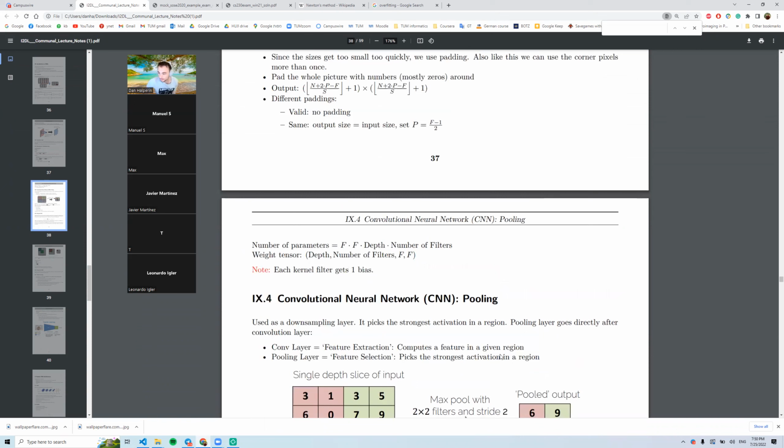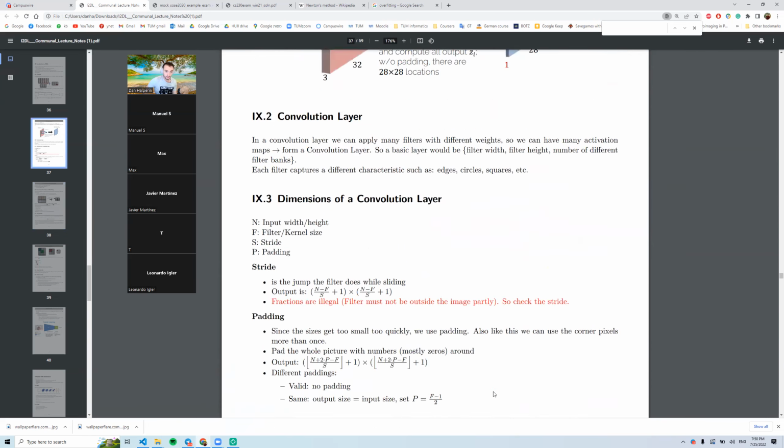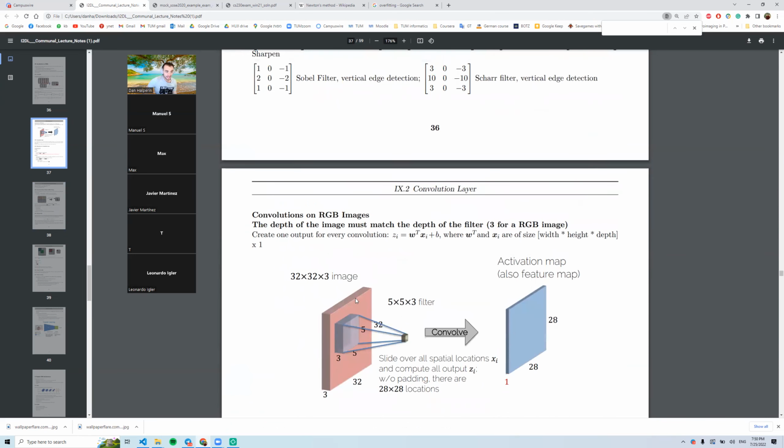The next question was, is convolution translation invariant? It's a big mess, and it was on top of the discussion last year. In general, a convolution layer is not translation invariant.